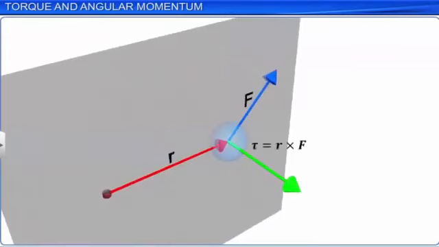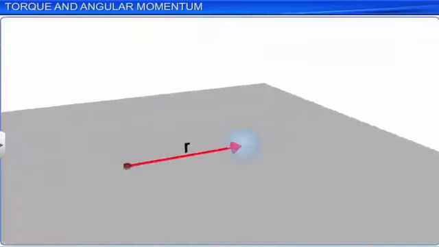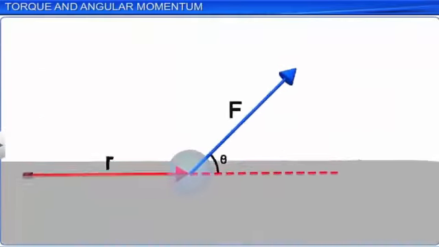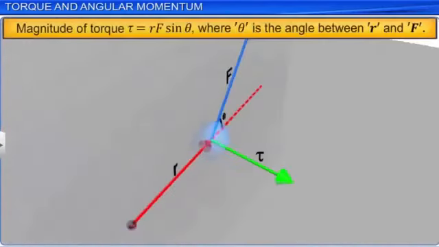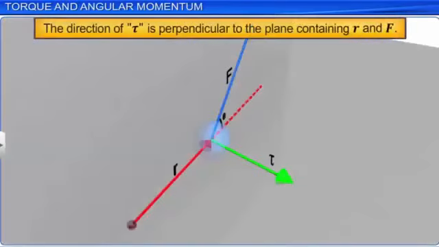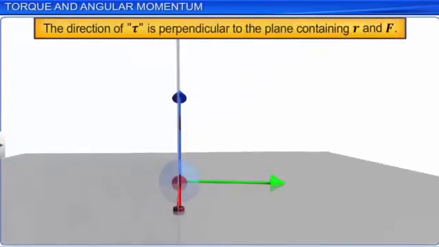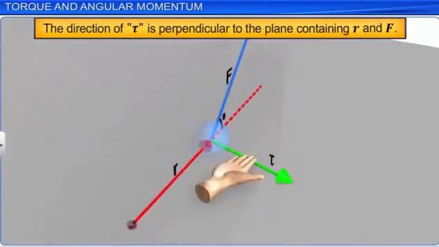Now let us try to understand what torque is. Torque is a vector and its magnitude is expressed as tau is equal to r F sine theta, where theta is the angle between r and F. The direction of tau is perpendicular to the plane containing r and F and can be found using a right-hand rule.